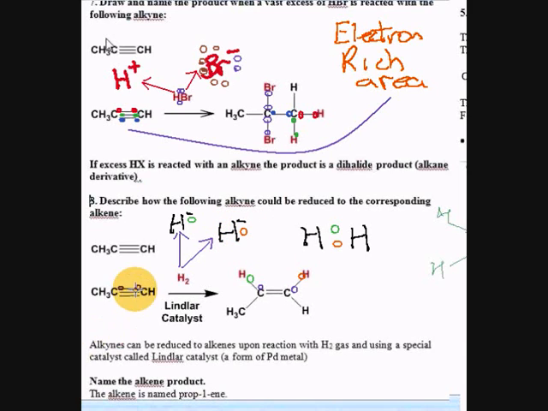Okay, so if we then look at our alkyne with its triple bond, we're also talking about the fact that it changes to an alkene, and an alkene has a double bond, which means that one of the bond pairs has broken. Okay, so that means that we have an electron here, and we have an electron over here as well.